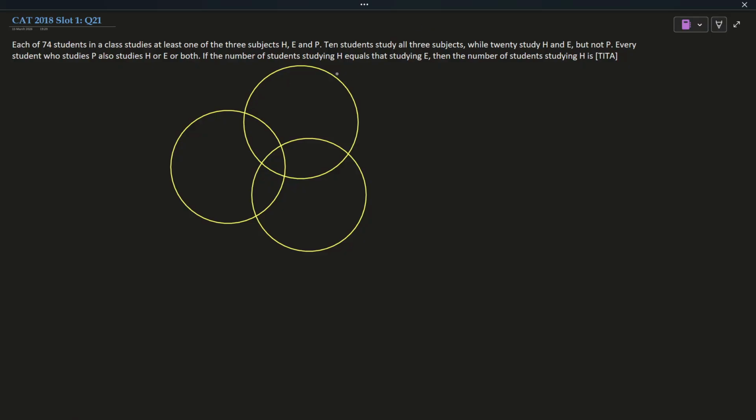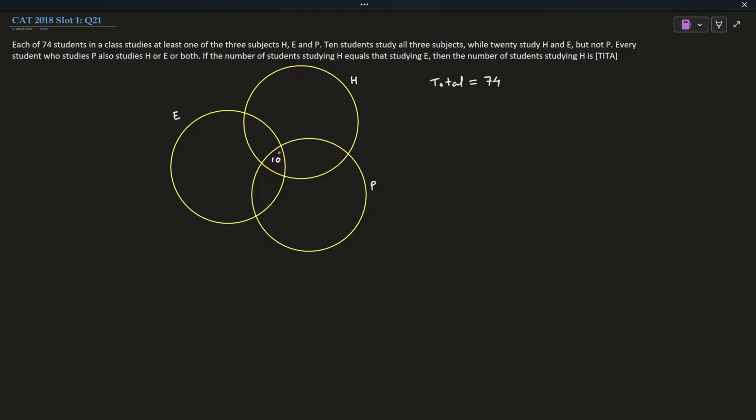Let's say this circle represents students studying the subject H. This is E and this is P. The total number of students should be 74. 10 students study all three subjects, so this is the region. This is 10, right?